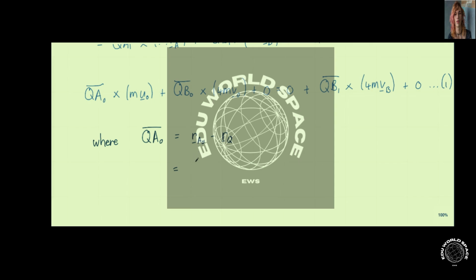And this is 300I plus 300K for vector RA naught minus vector R at point Q. The position of point Q is 240I plus 200J plus 100K.